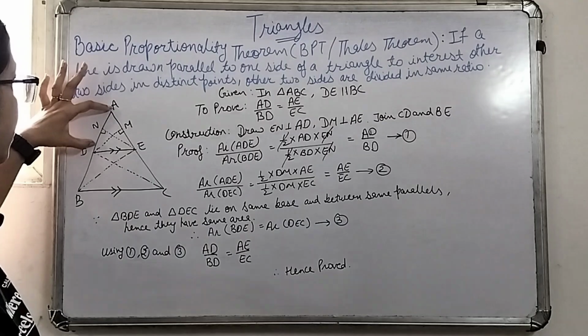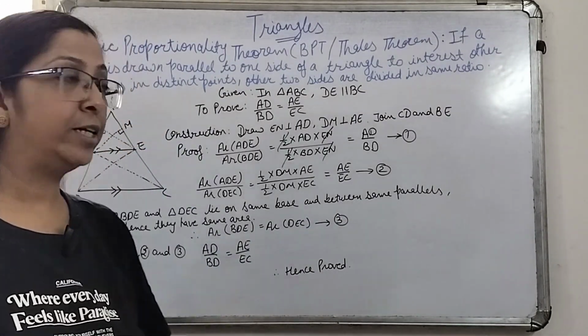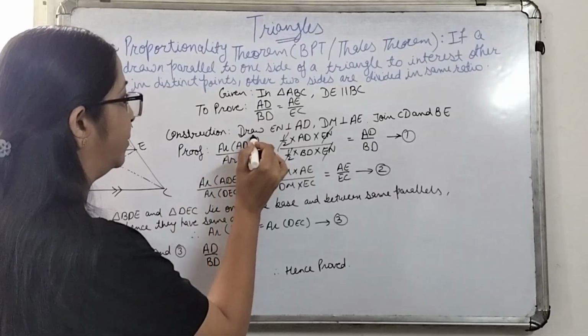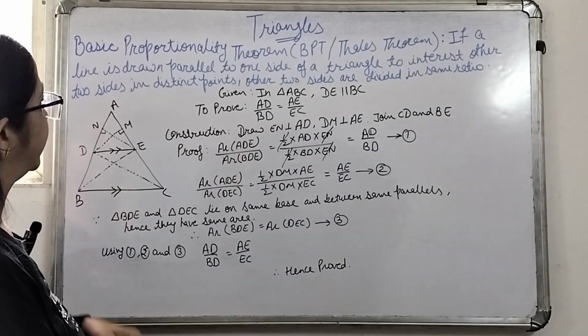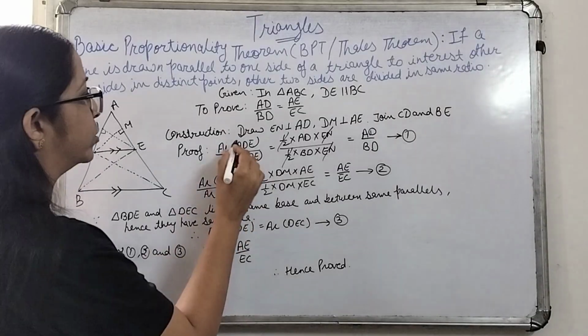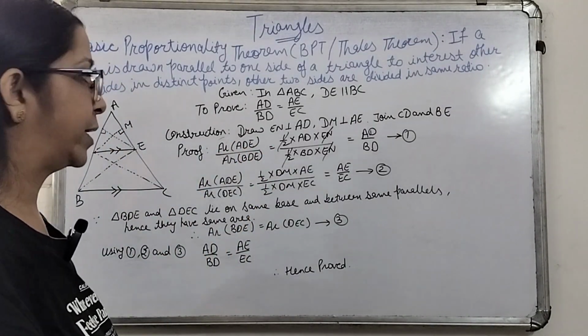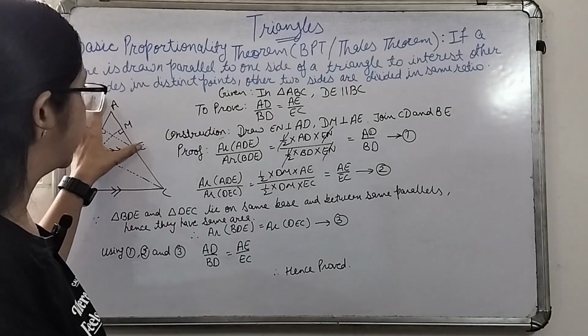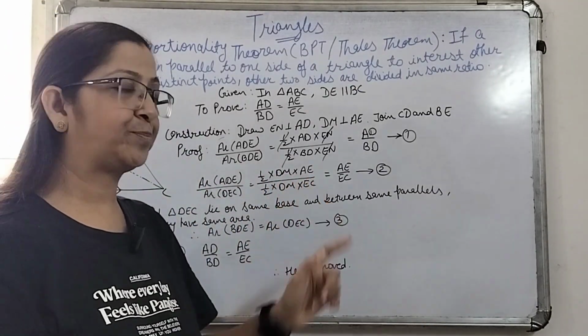Whether we take AD as the base or AE as the base, the area will be the same because it is the same triangle.